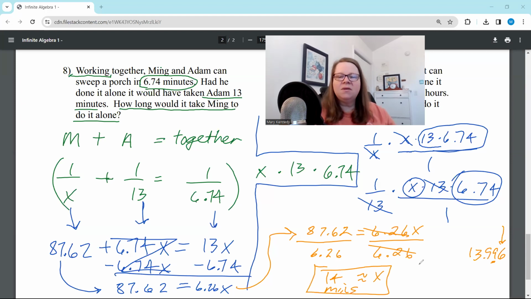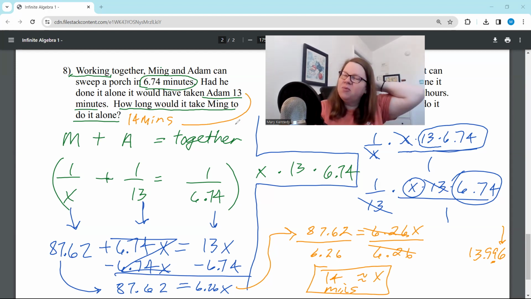Now let's think about whether this answer makes sense. This was how long it would take Ming to do the job: about 14 minutes. It takes Adam about 13. Together, it should take them less time. It shouldn't be a number between 13 and 14 or even more than 14, because otherwise it would be simpler for one person to do the job.